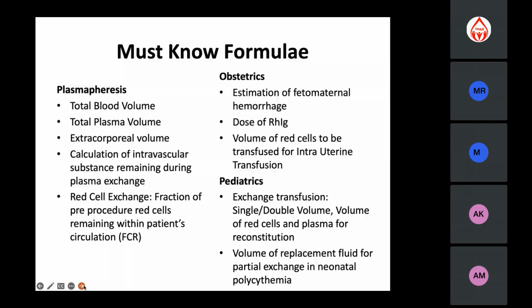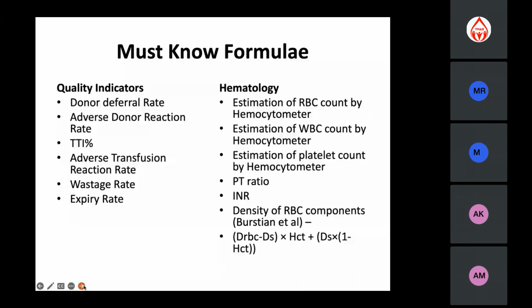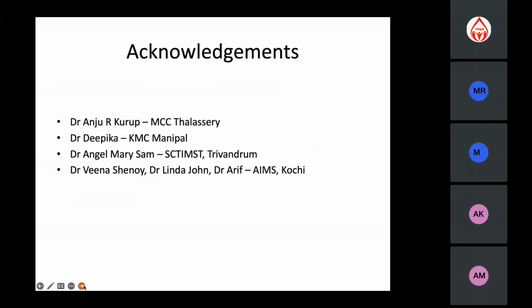Then fetomaternal hemorrhage and Rh immunoglobulin in obstetrics; in pediatrics, exchange transfusion; and in transplantation, CD34 estimation, mononuclear cell estimation, coagulability count, and QC of all the blood products, and quality indicators, which we discussed briefly here, and estimation of RBC count by conventional methods. So these are things we should be familiar with before appearing for a postgraduate exam.